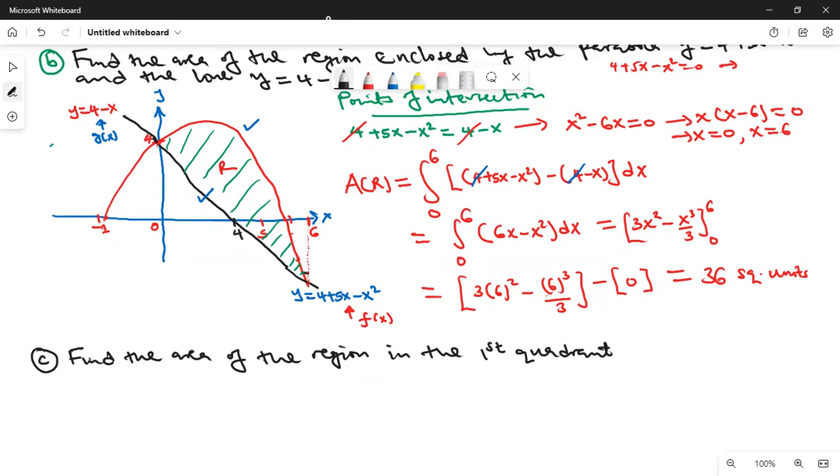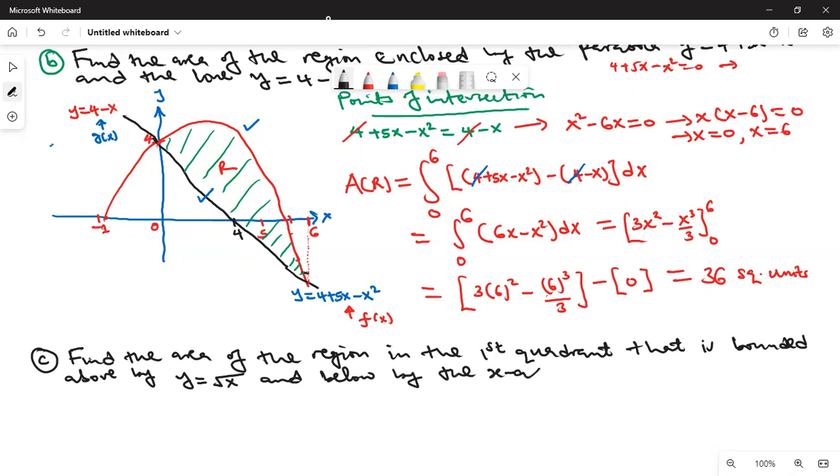That is bounded above by y is equals to root x, and below by the x-axis and the line y is equals to x minus 2.